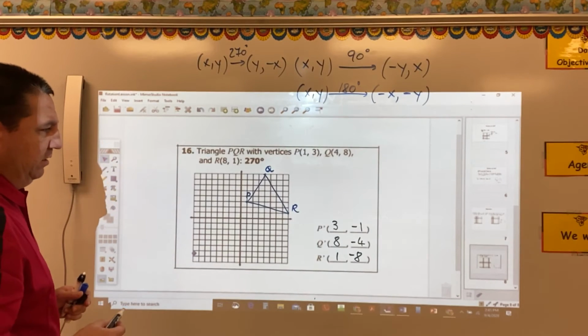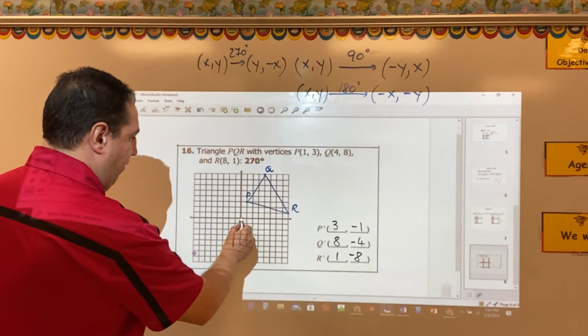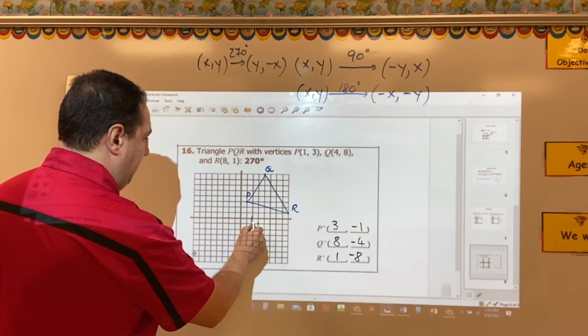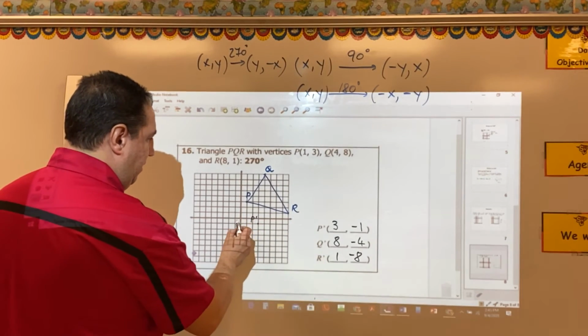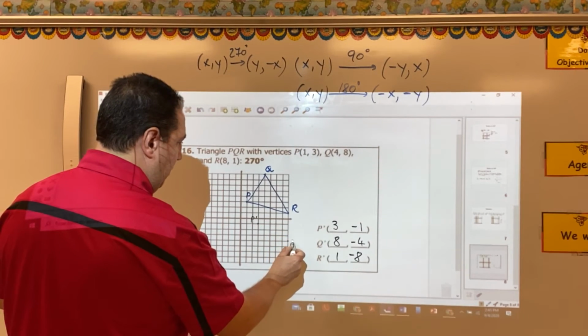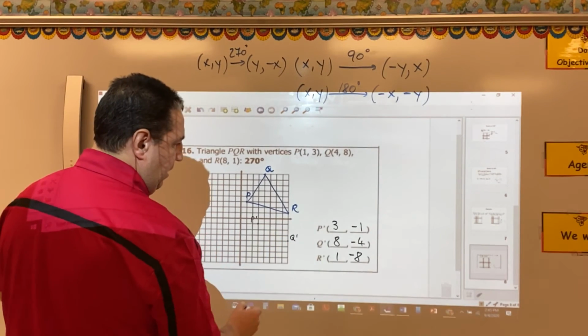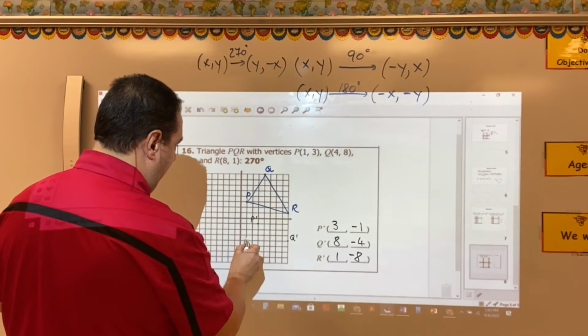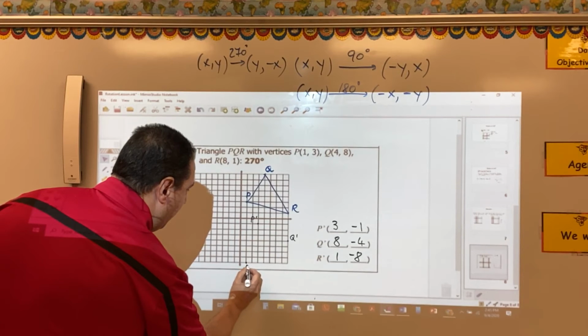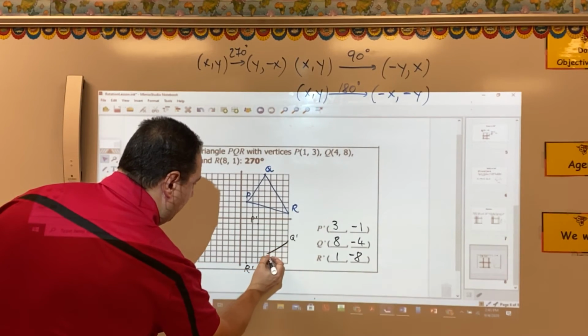So let's plot. 3 and negative 1. This is P prime. 8 and negative 4, Q prime. And 1 and negative 8, R prime. And then you connect.